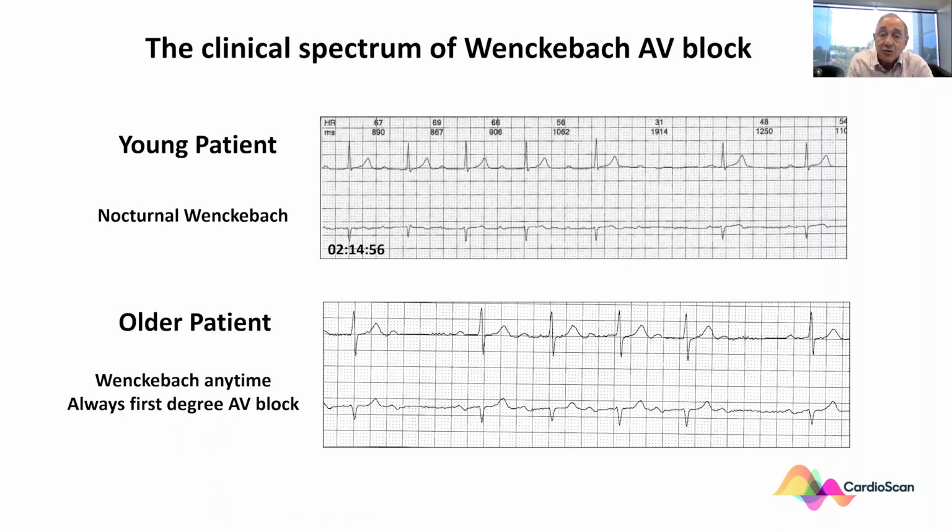The clinical spectrum of Wenckebach AV block is the young patient with nocturnal Wenckebach, and during the day, the PR interval is normal. This is a vagal phenomenon. This is the vagus nerve at night slowing the heart rate down and having a nocturnal Wenckebach.